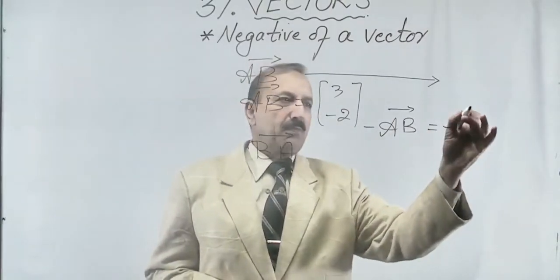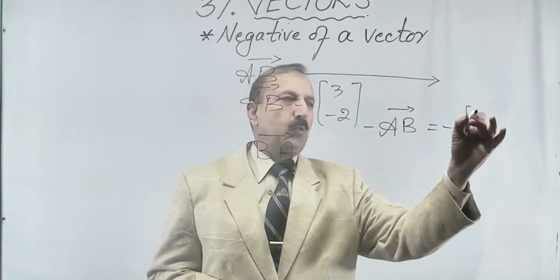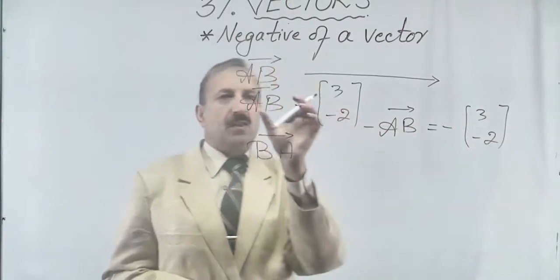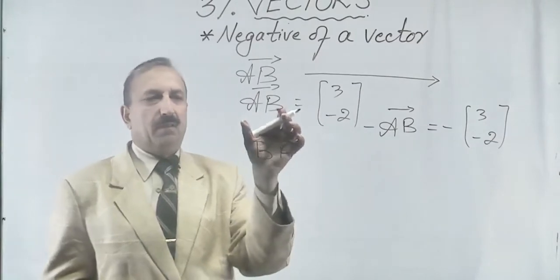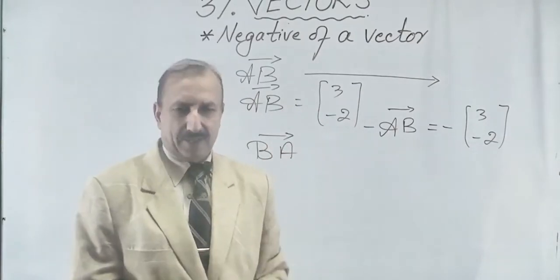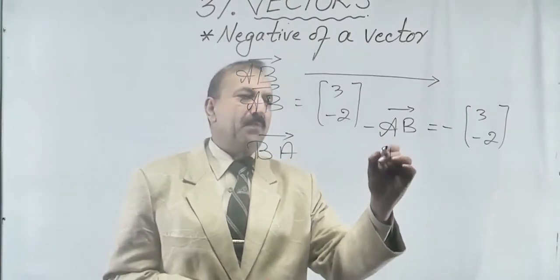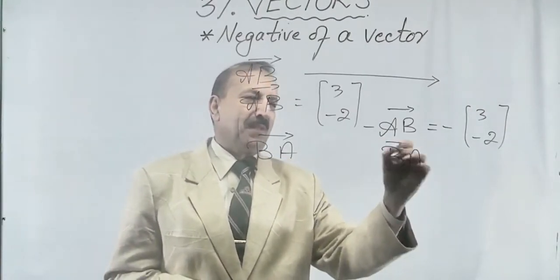We will write the negative sign in front of this vector. This makes the original vector AB into its negative vector. When this negative is applied, it becomes BA. Why is it so?